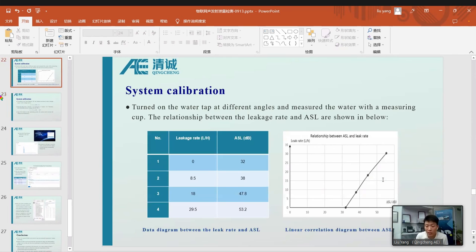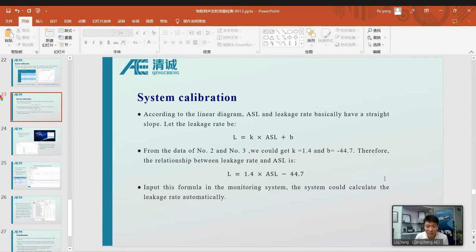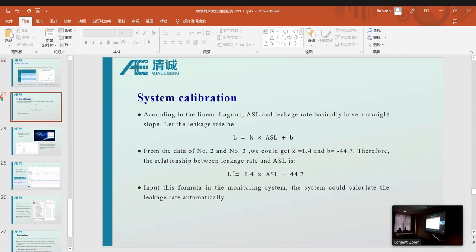I know what you mean. After we input this formula, we can also recheck again by giving it a real leakage. Yes, it's just linear. Okay, thank you very much.